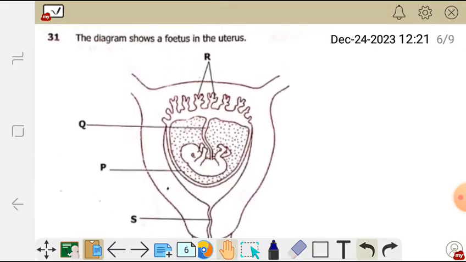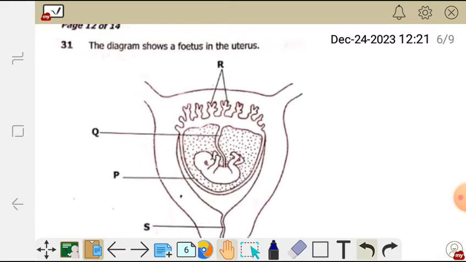The umbilical cord has arteries which bring oxygen and nutrients to the fetus, and the vein which removes carbon dioxide, which is the waste product, and other waste products back to the placenta. The placenta will also facilitate the movement of those waste products to the bloodstream of the mother and they are excreted in the excretory organs of the mother.